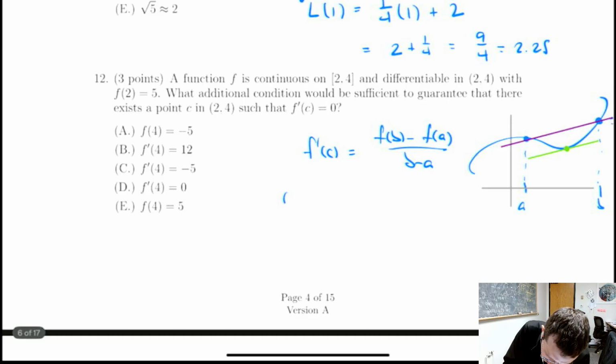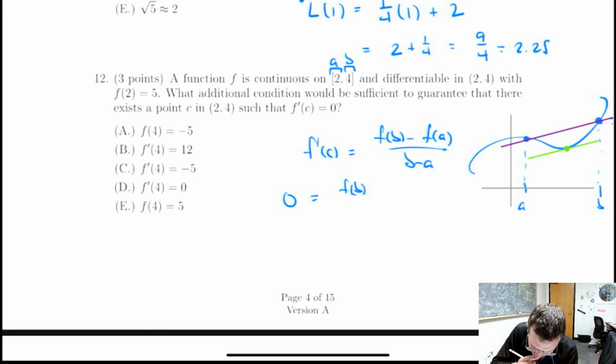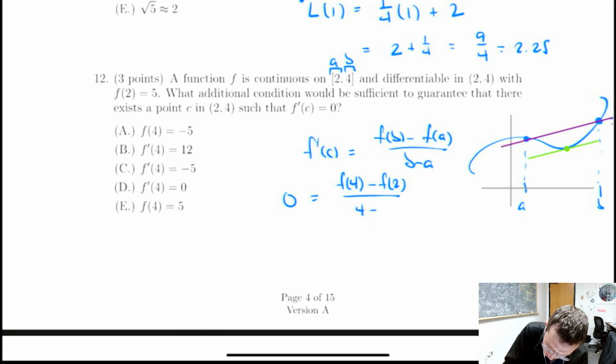Now, in this situation, we want to be able to conclude that f prime of c equals 0. In our case, a is 2, b is 4. So f of b would be f of 4, f of a would mean f of 2, and then 4 minus 2.